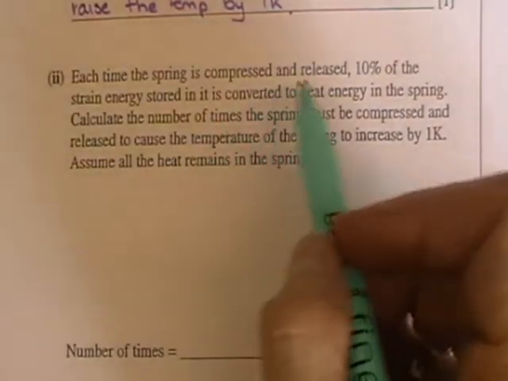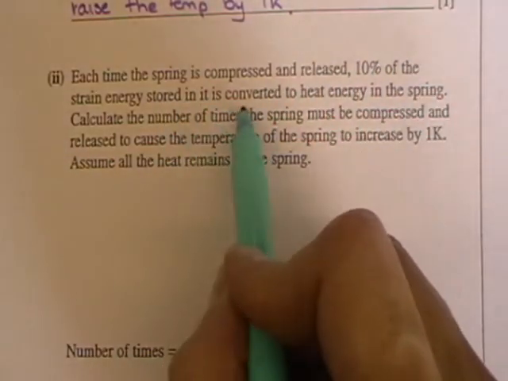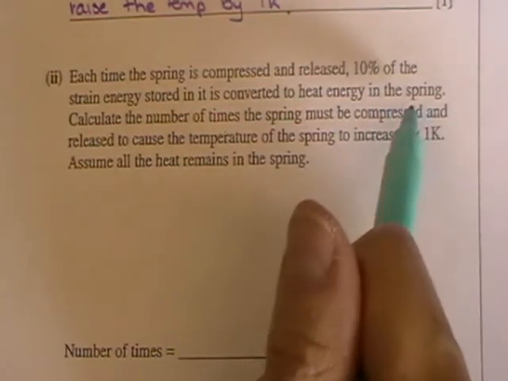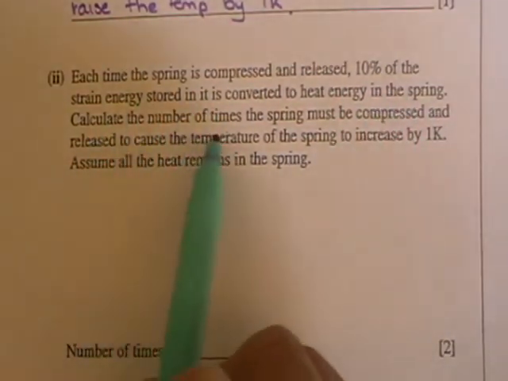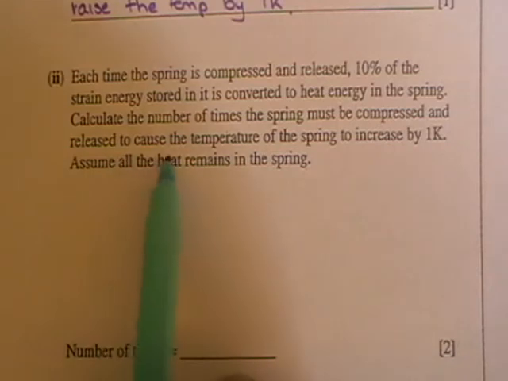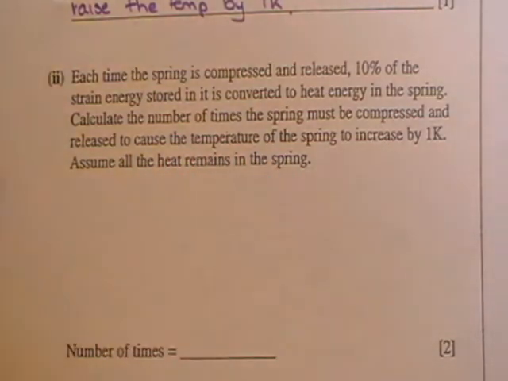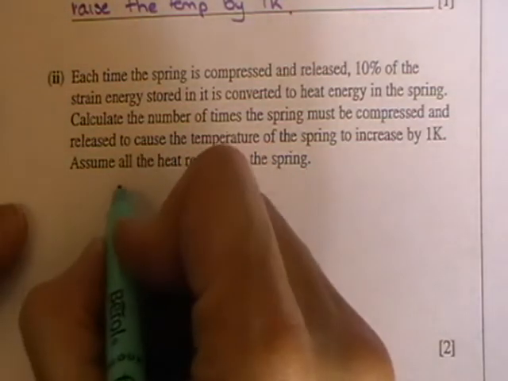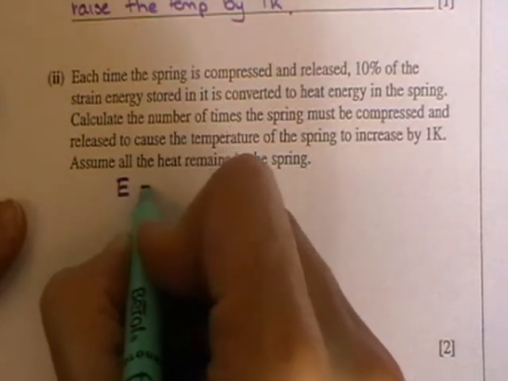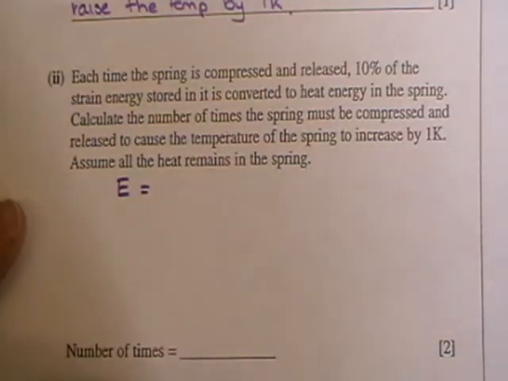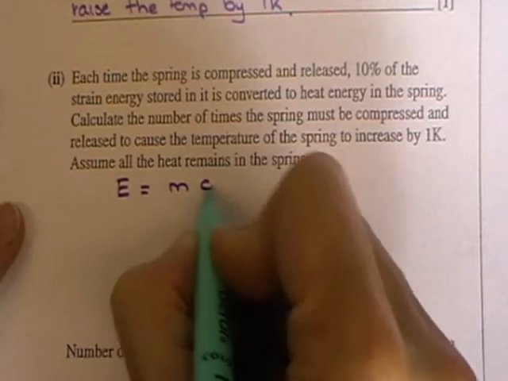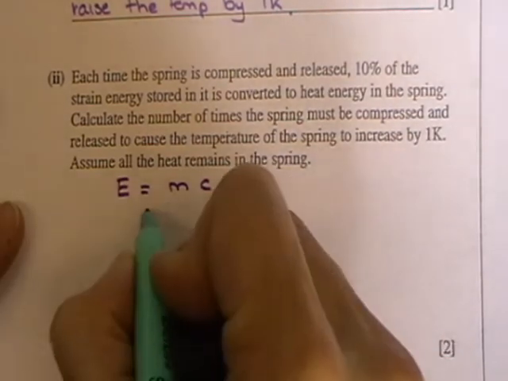Each time the spring is compressed and released, 10% of the strain energy stored in it is converted to heat energy in the spring. Calculate the number of times the spring must be compressed and released to cause the temperature of the spring to increase by 1 Kelvin. So the energy required to increase the temperature by 1 Kelvin is calculated using the equation mc delta theta.